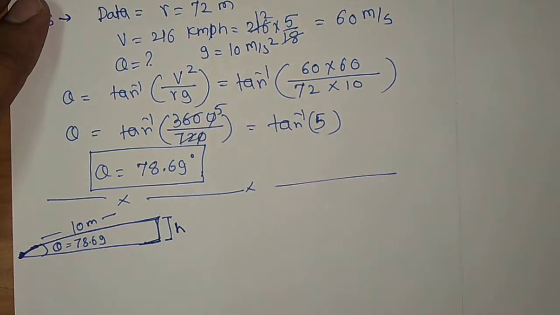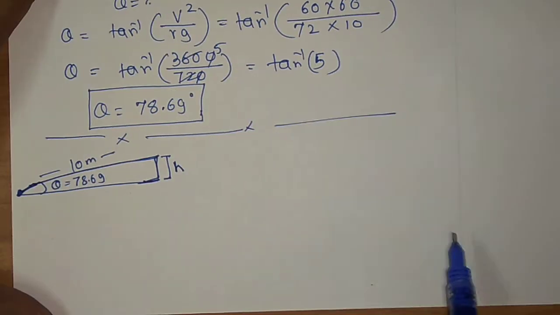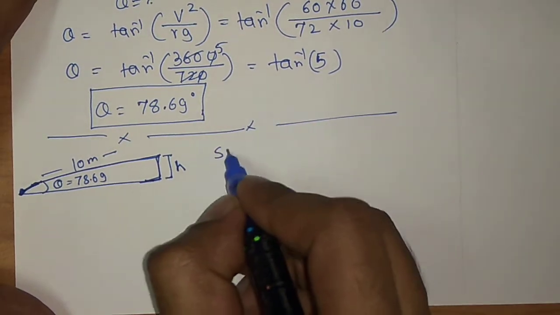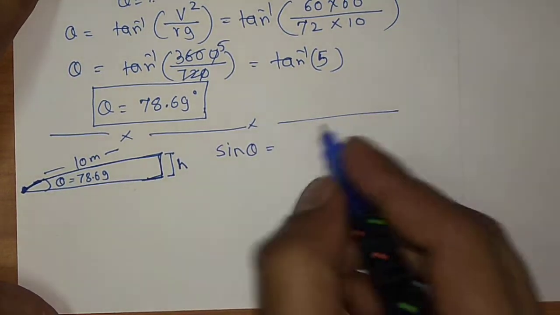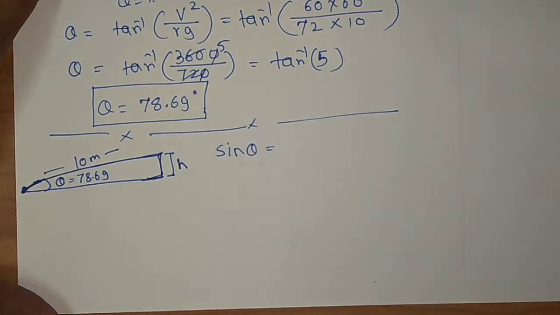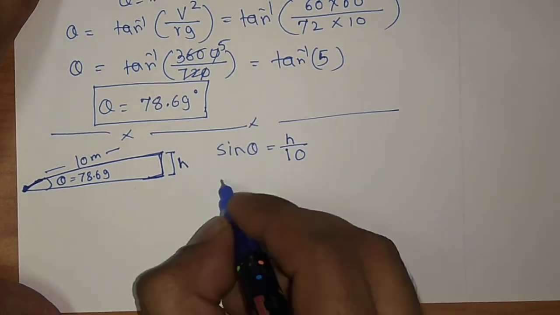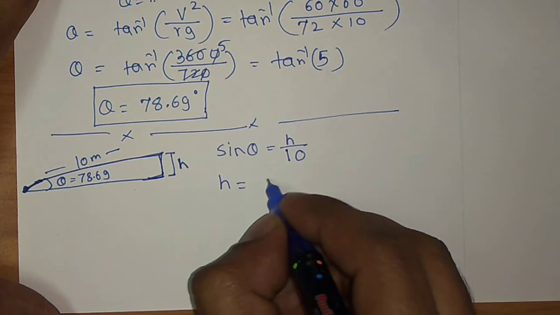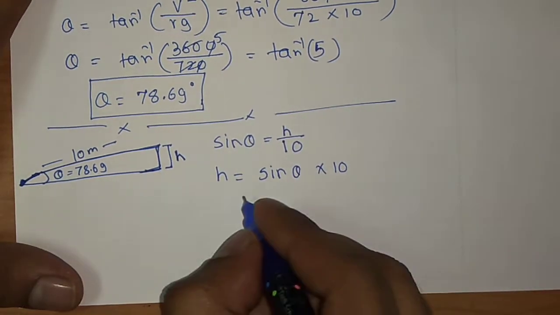So this height can be found out by using simple trigonometry. So in this triangle, what is sine theta? That is h by 10. Okay, so what will be the h? h will be sine theta into 10. What is the value of sine theta?